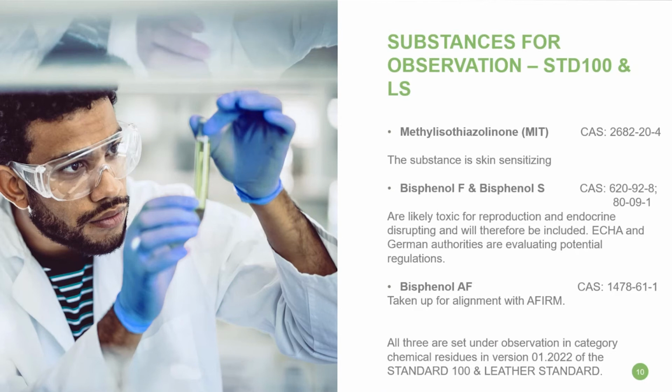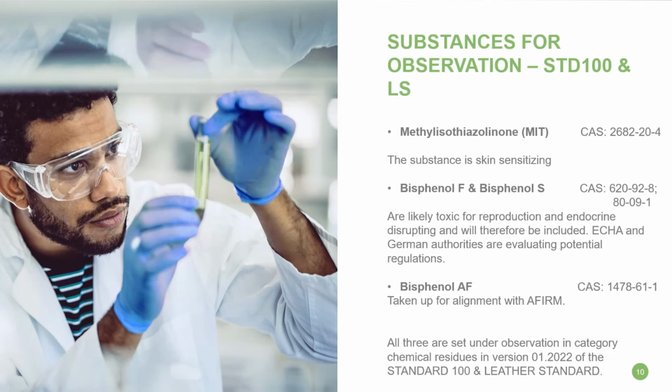ECHA and German authorities are evaluating potential regulations right now. We also added bisphenol AF under observation to make our own risk assessment and to be in alignment with the AFIRM list. Again, these substances were added under chemical residues in the standard version of the Standard 100 and the Leather Standard.